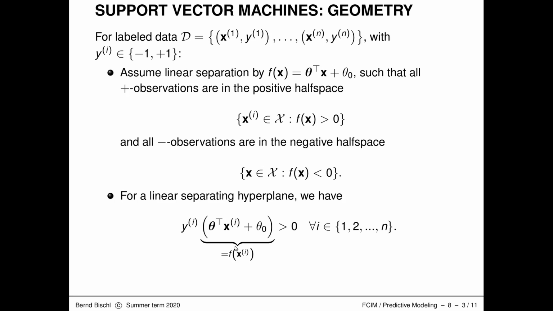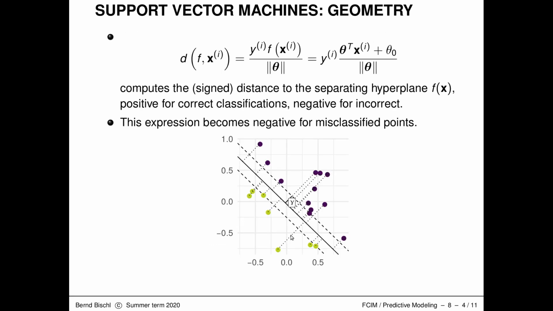And if it's unequal, then this here will be negative, and then the classification will be incorrect.